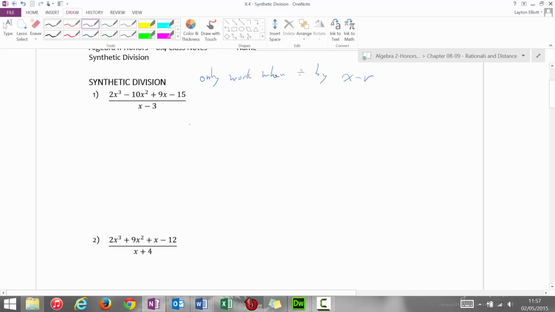So what I'd first do is I say, what are the coefficients of my polynomial? Coefficients are 2, -10, +9, and -15. I'm going to list those in order without the x terms. Then I'm going to draw a little half box, and I'm going to stick inside the opposite of this, or the number that I would plug in to make that 0, and that would be 3.